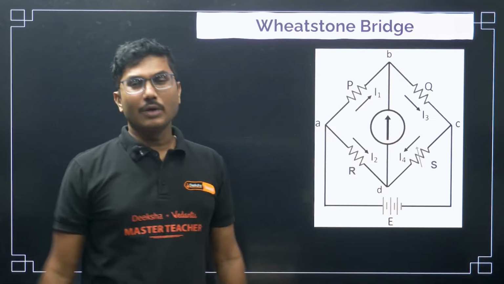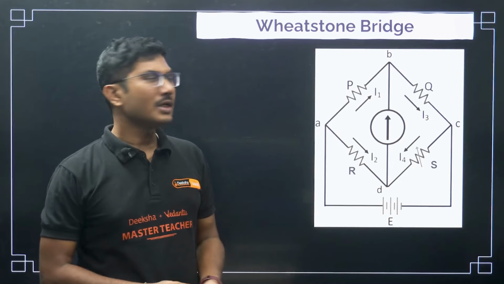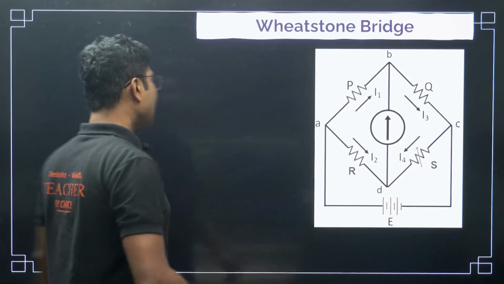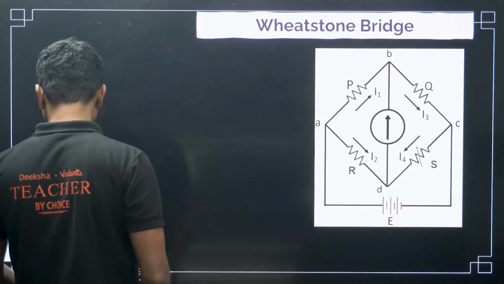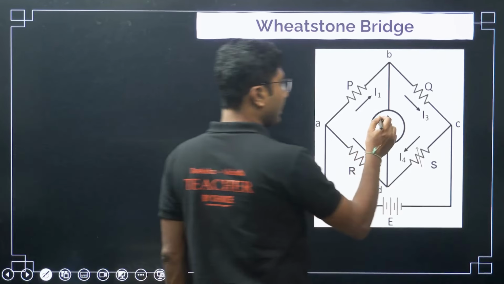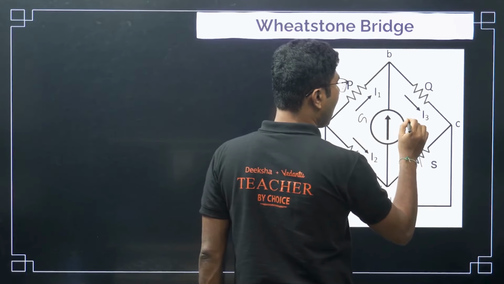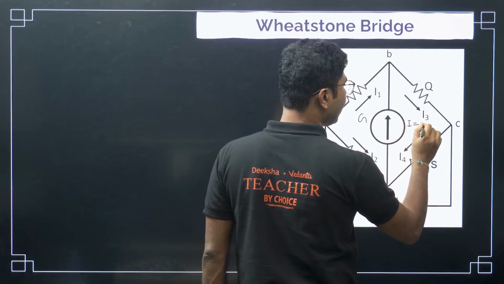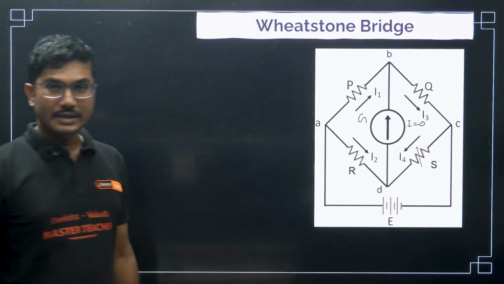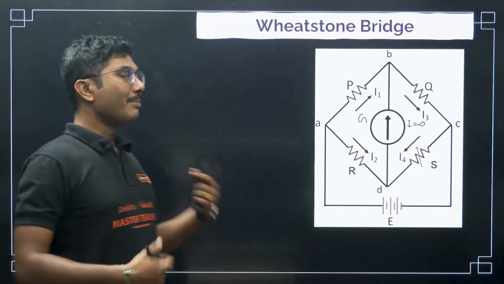In the balanced condition, no current passes through this galvanometer. If you can somehow make the current passing through this galvanometer zero, then this condition is called the balanced condition.